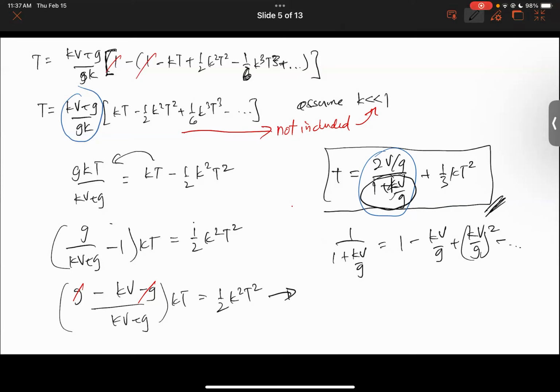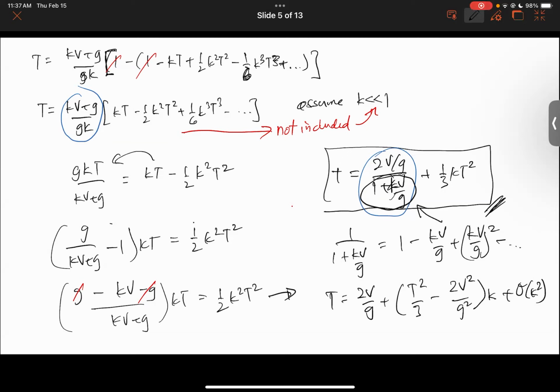If we plug this expansion in there, we'll get T is equal to 2V over G plus T squared over 3 minus 2V squared G squared K, and then you have higher order terms than K squared.